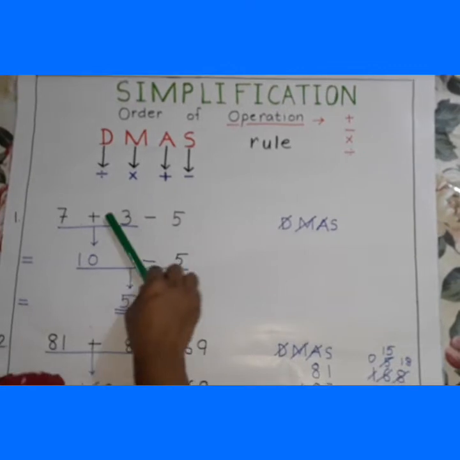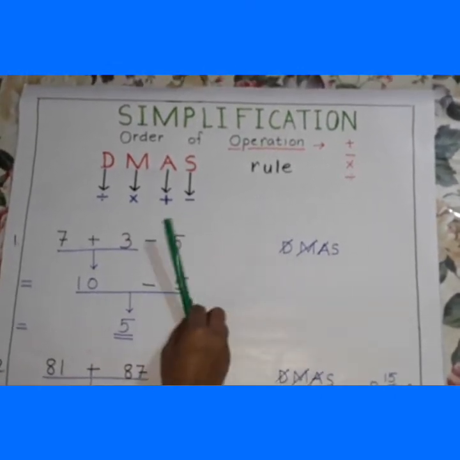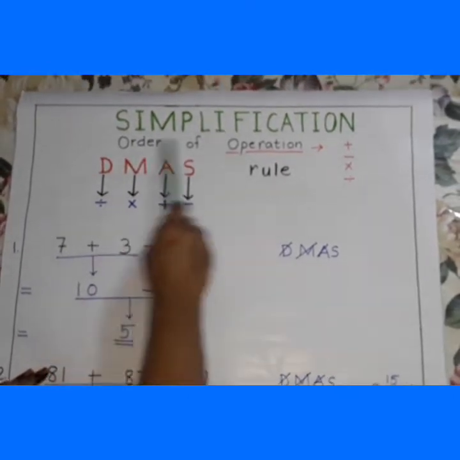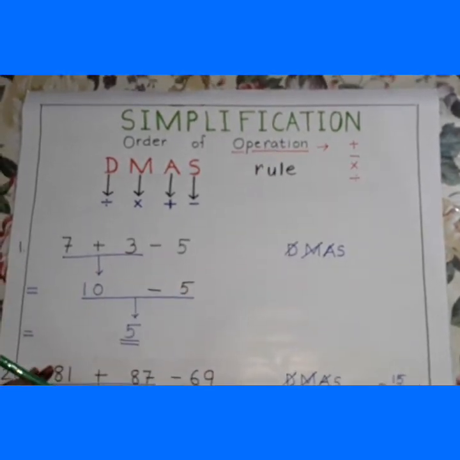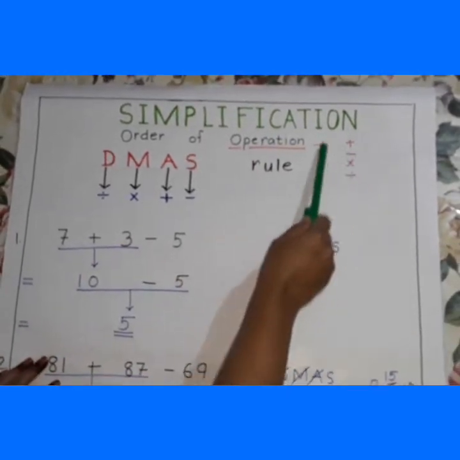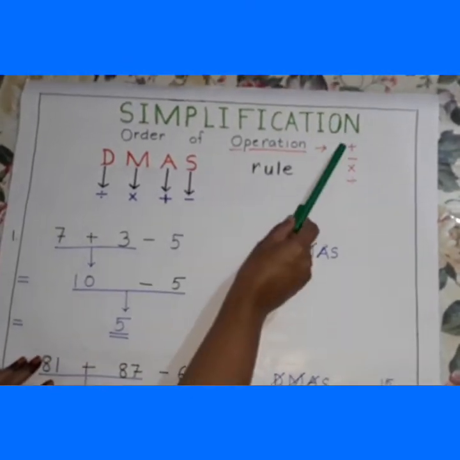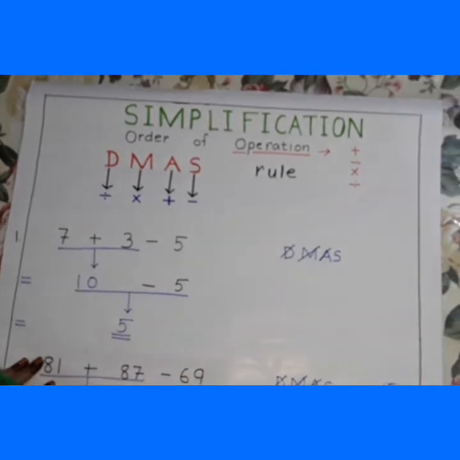But before I go ahead, let's first revise what was taught yesterday. As I told yesterday, simplification means order of operation. In maths, we know that there are four operations: addition, subtraction, multiplication, and division.